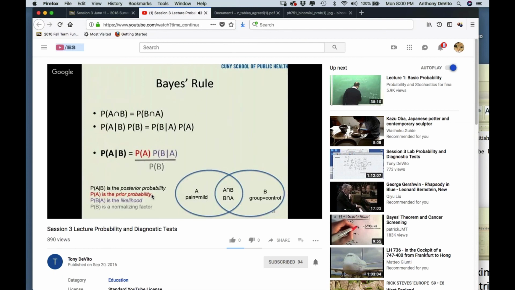So when I was mentioning going in for a prostate cancer screening test, let's think of A as having prostate cancer and B being a positive test for the screening test. Then I would read this as: your probability of having cancer given a positive screening test is equal to your prior probability of having prostate cancer, that's the prevalence, times the probability of a positive test given that you have cancer.